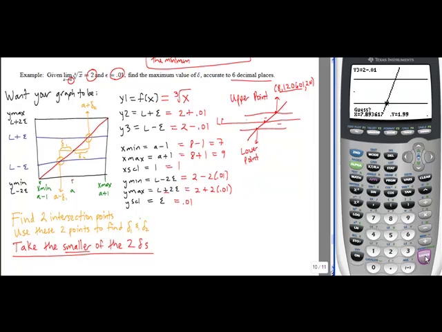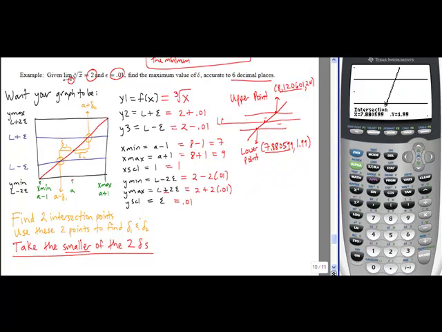And then enter again. So there we go. Now notice that my cursor is flashing down here. So I did find that lower point, and that has coordinates 7.880599. And you want to keep all those decimal points for accuracy. So we're really just interested in that x coordinate.